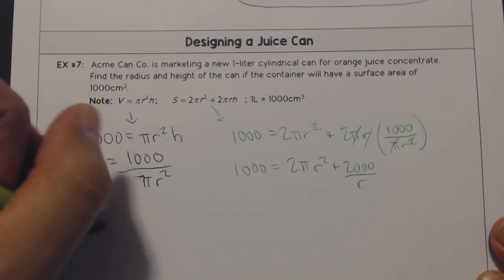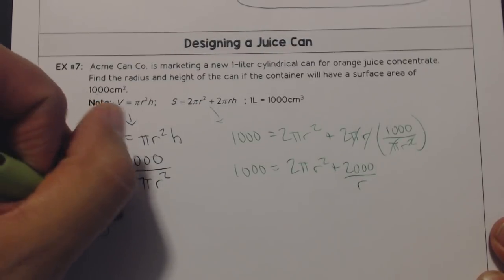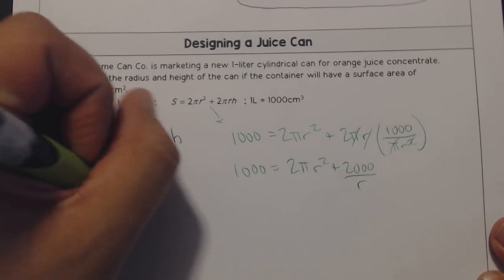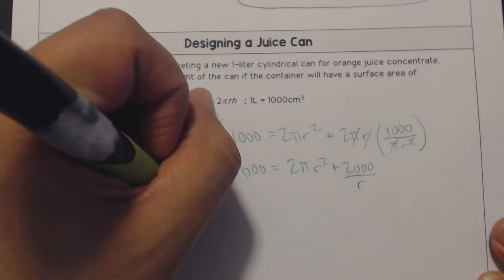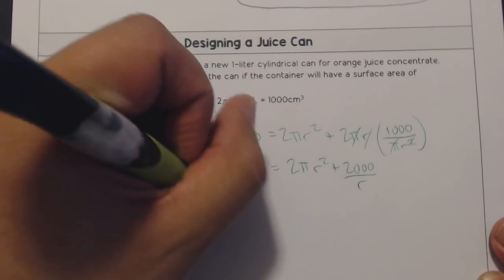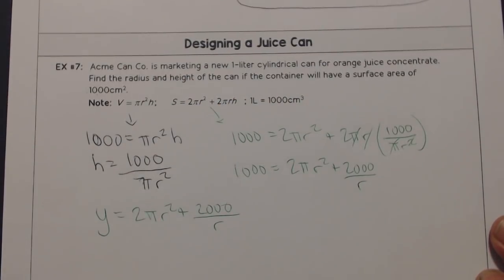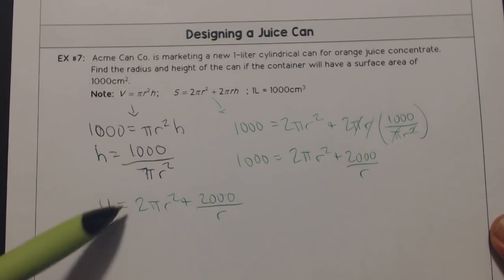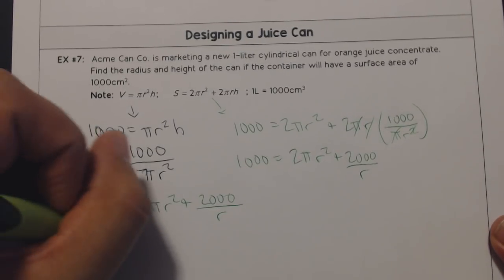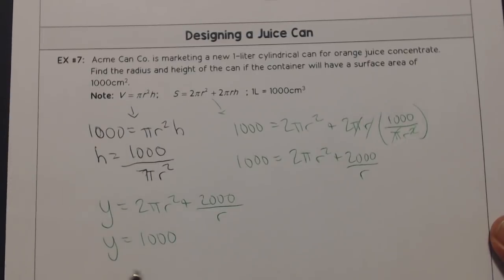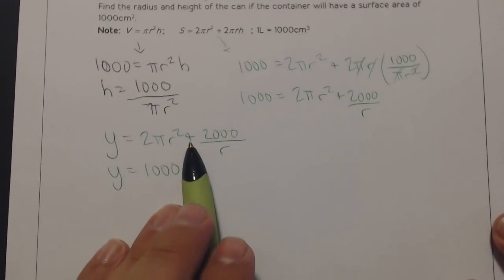So I have two equations. I can say that I have y equals 2 pi r squared plus 2,000 over r. And I also care about when y is just equal to 1,000.